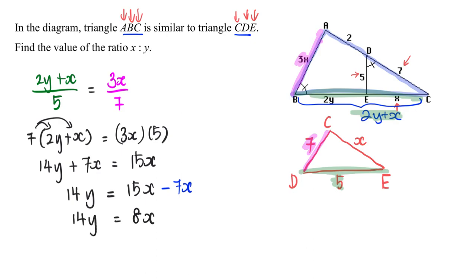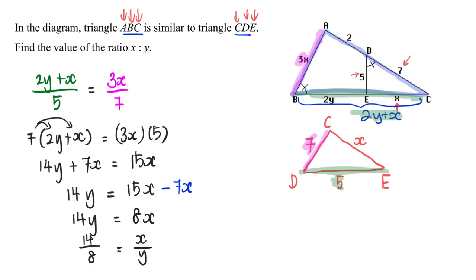And then from here you can see that I'm going to divide by y on both sides and divide by 8 on both sides to reach this particular ratio. x over y is actually equal to 14 over 8.